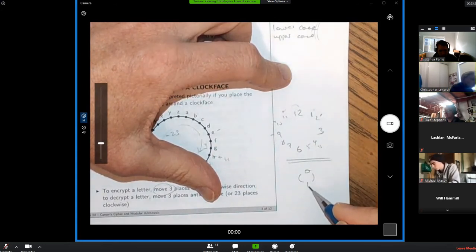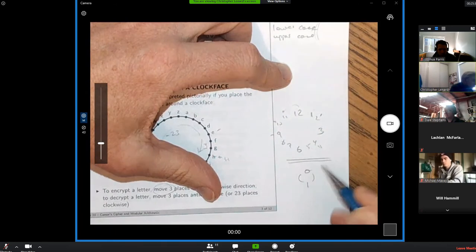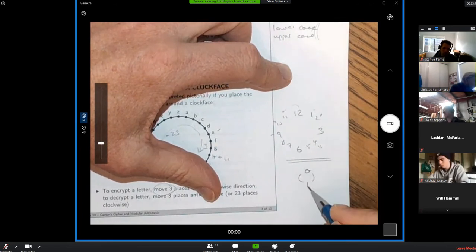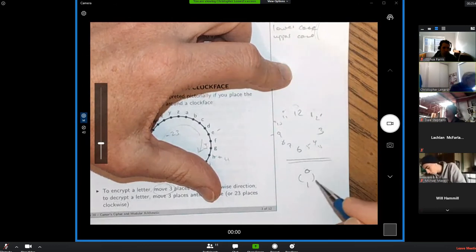But if you start at 1 and add 1 in this system, then what happens? You get to 0, which is really an odd little system. If I start at 1 and I add 4, 1, 2, 3, 4, I get back to 1 again. But if I add 5, 1, 2, 3, 4, 5, 1 plus 5 is equal to 0.